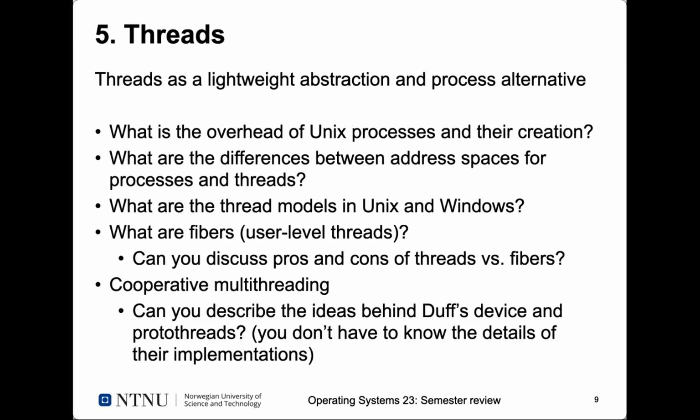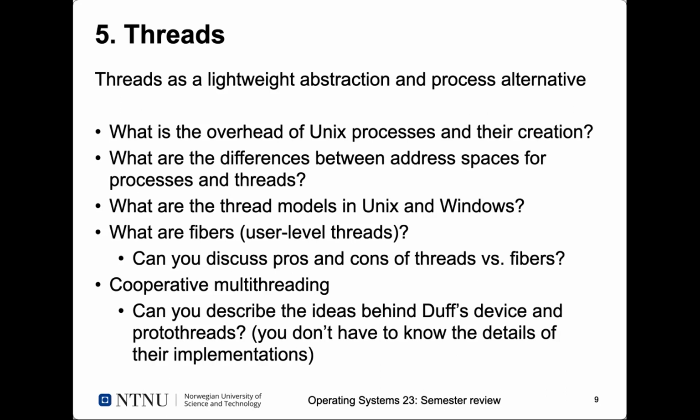So essentially that in Unix, originally you didn't have threads, you only had processes, so threads came later, whereas Windows is a more recent development, so they could start building threads in from the very beginning. We've also talked about what we call fibers, so user level threads, and you should be able to consider the pros and cons of threads versus fibers and know the difference between them.